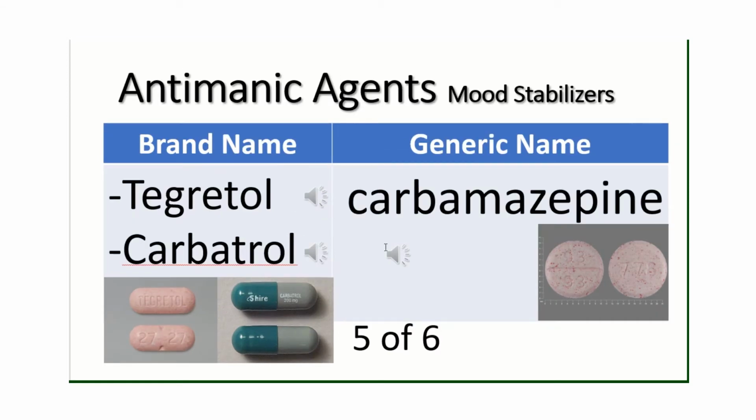The generic name for Tegretol and Carbatrol is carbamazepine. Tegretol and carbamazepine are anti-manic agents. They are mood stabilizers.